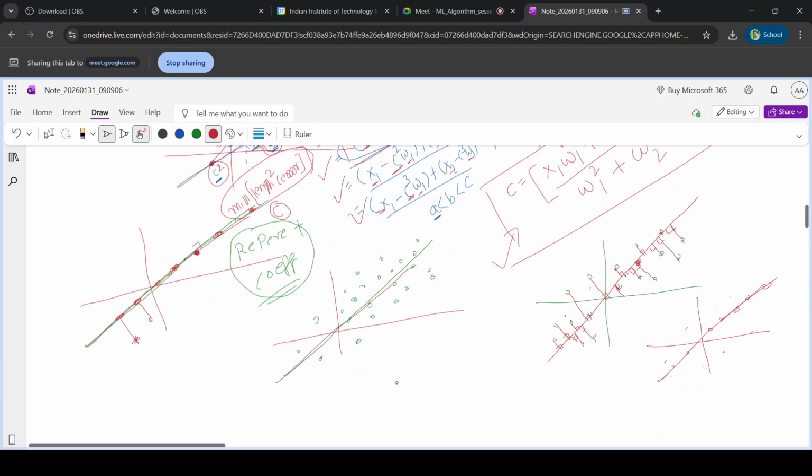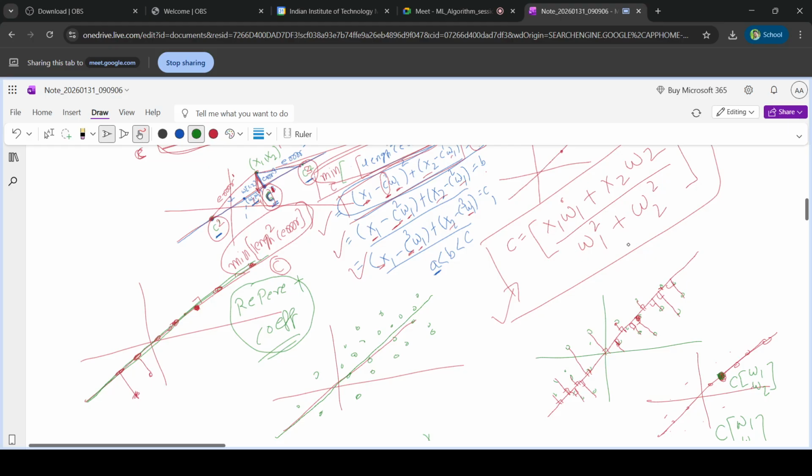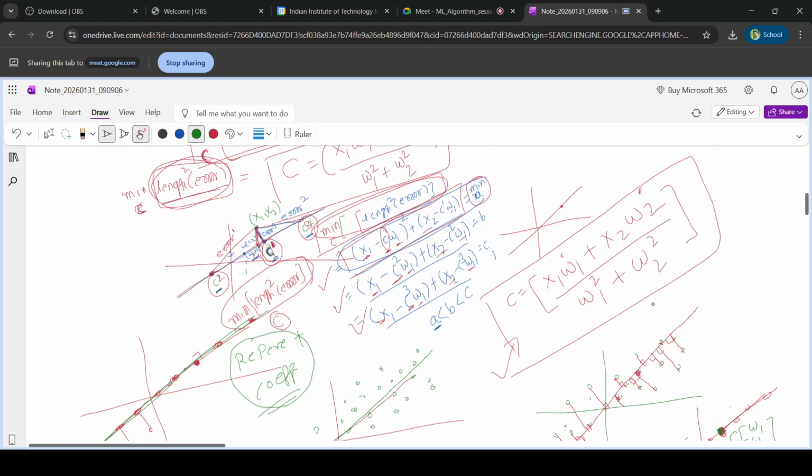As I mentioned, this point is C into W1 W2, because we know that C is a scalar value which just multiplies W1 W2 to make this point.